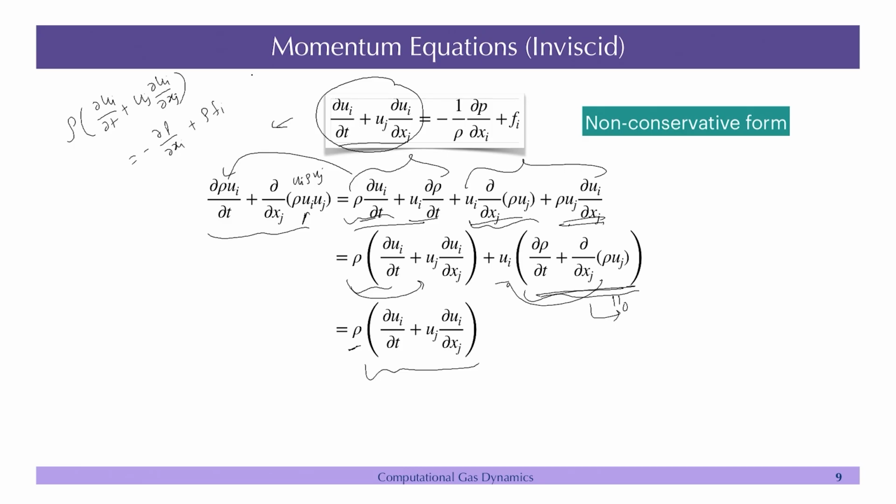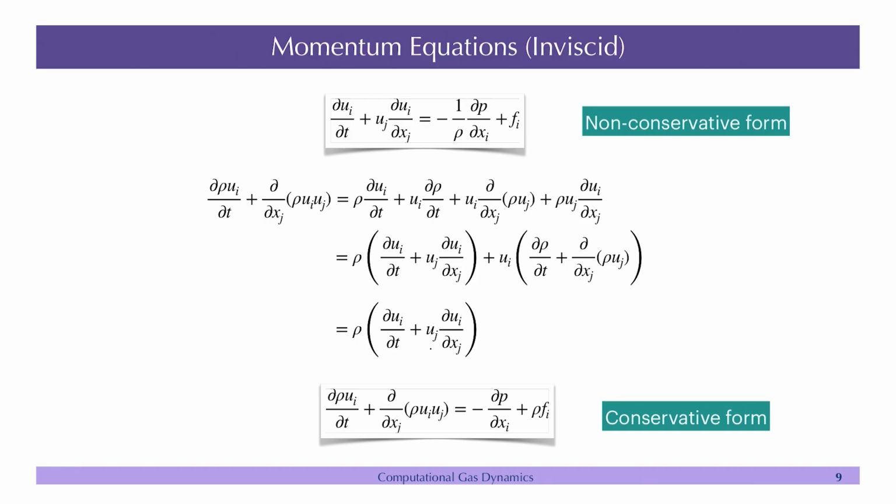After some time, I will ignore the forces, because I want to make it simple for the derivation. As of now, you keep it. Now this term can be replaced by this term, because both are the same thing. So, we will have del rho ui by del t plus del by del xj of rho ui uj as the left hand side, and the right hand side remains the same. This form is called the conservative form, which we discussed.